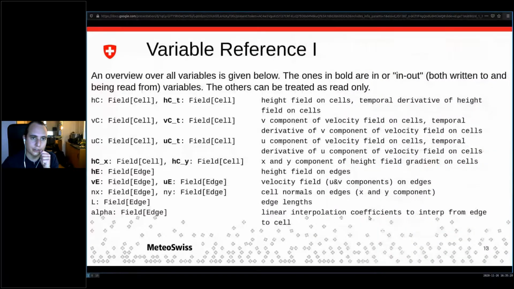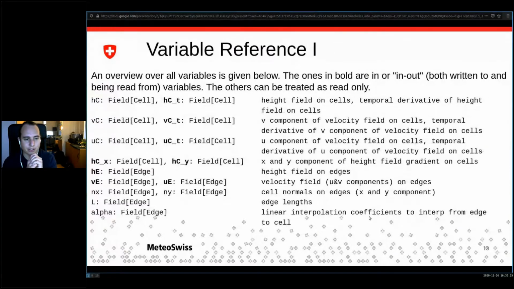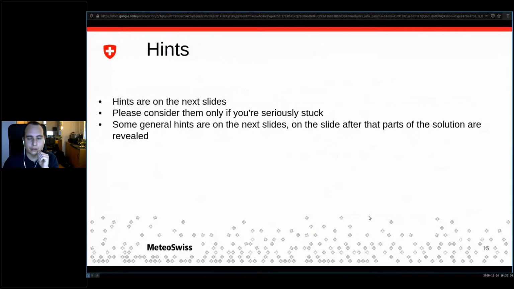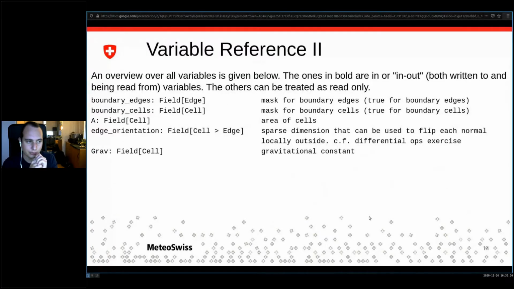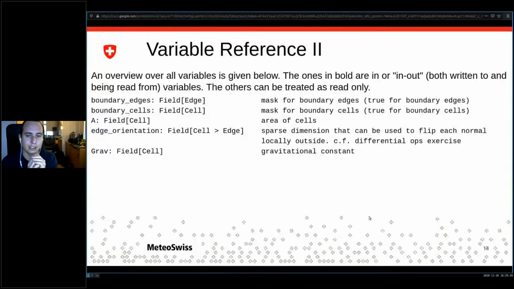We are again handing you a variable reference, which explains what is in all of these values and which are the ones you need to write to. Afterwards, there are again hints, first a few light pointers, and then at the end, I believe there is a skeleton which already gives away most of the solution.